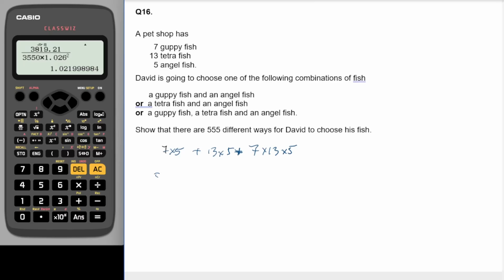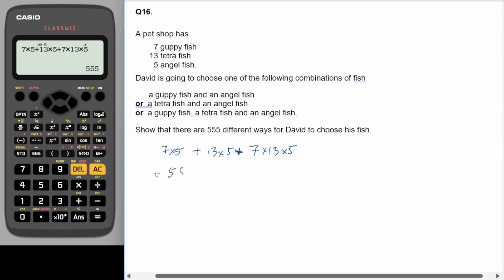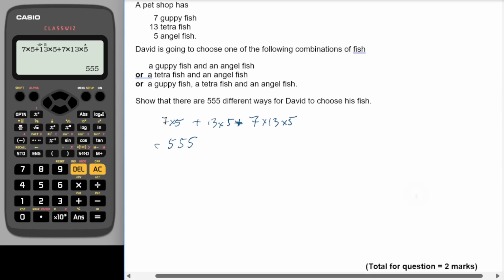So 7 times 5 plus 13 times 5 plus 7 times 13 times 5, and all being well, that should be 555. No, because for some reason we've typed answer instead of 7, so let's redo that. 555. There we go.